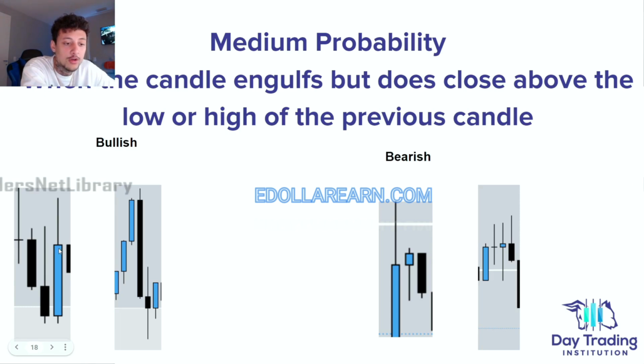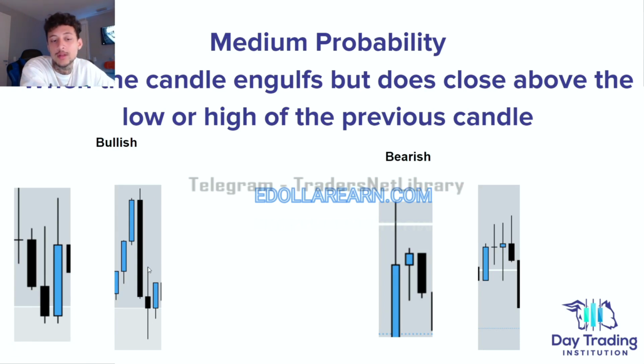It's still a bullish engulfing, but it's a medium probability. It's not a high probability. If it would have closed above the highest high here, being the wick of the previous candlestick, then it would be a high probability candle. Right now, notice how it failed to close above the highest high, making it a medium probability, right?